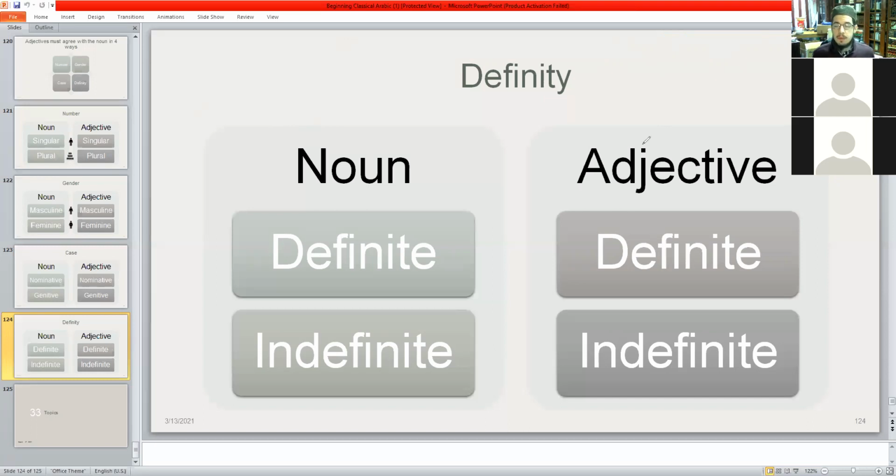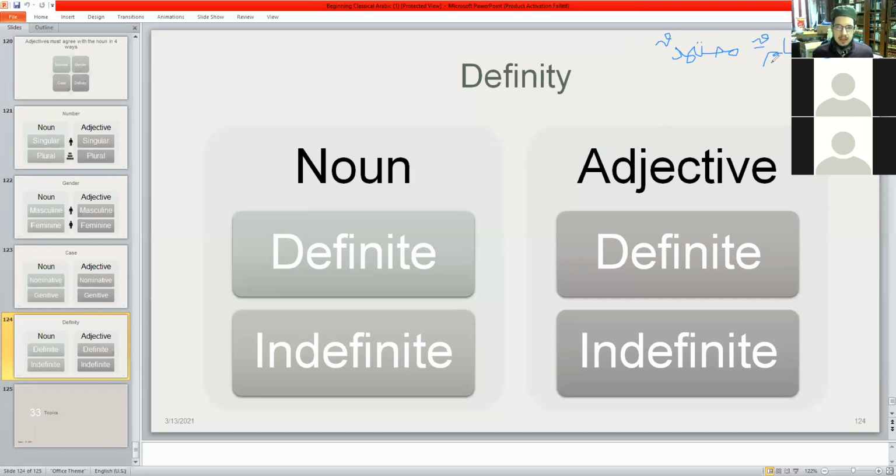So, in our previous examples, we had huwa muslimun mujtahidun. And notice that not only did Muslim have a dhamma, but it had two dhammas, dhammatain, right?